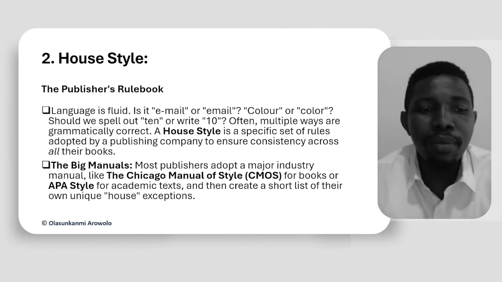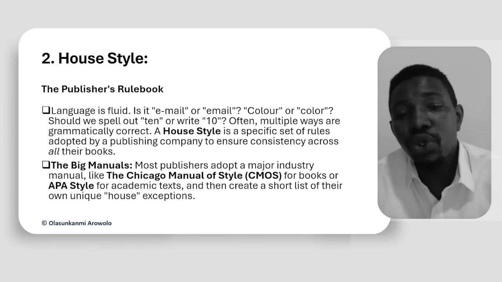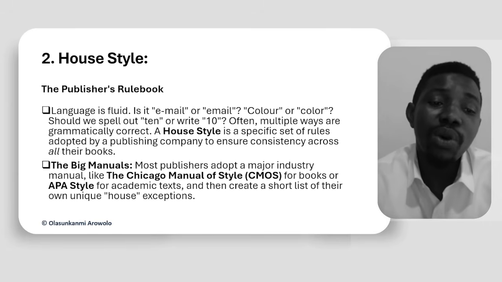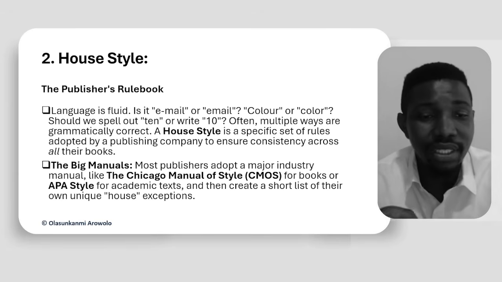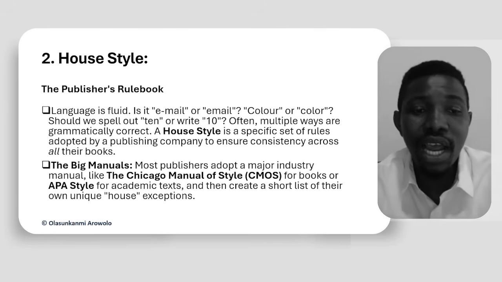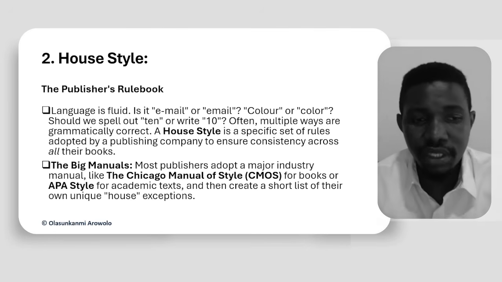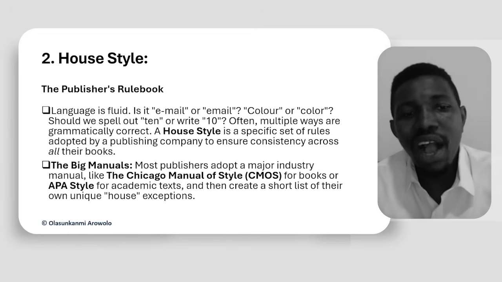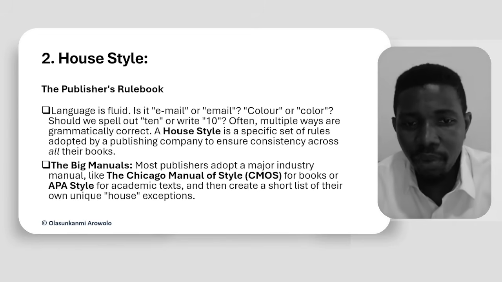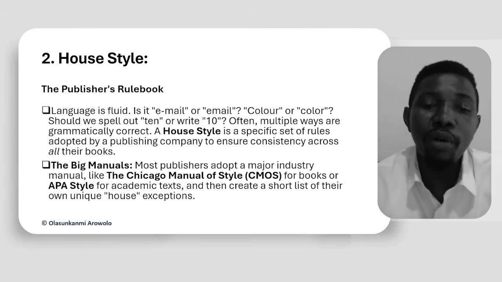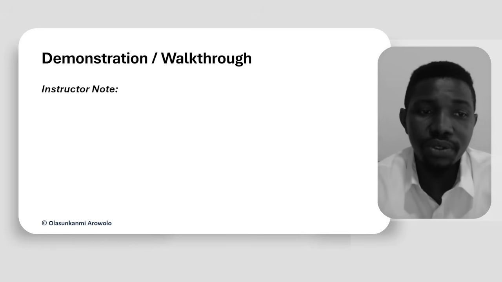A publisher can decide to choose and stick to a style for all of their publications, or they can adapt for each discipline depending on what they consider best practice. They could create a shortcut list for their own unique house exemptions and more, and this helps maintain consistency. These are some of those key toolkits that they use.